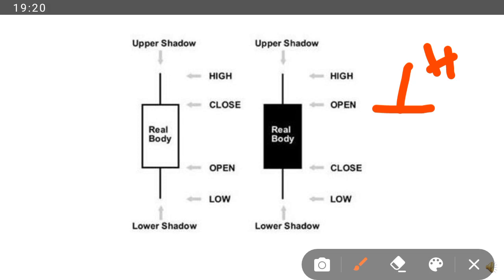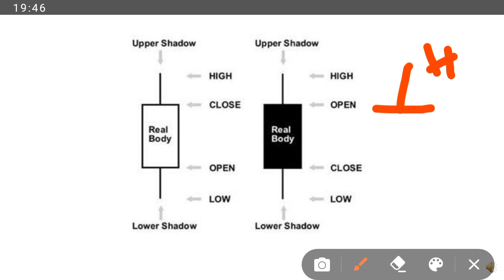So for a candlestick indicating the price is going down, the opening price will be up, while the closing price will be down. Why? Because it's going down. But for the one indicating that price is going up, the opening price will be down, while the closing price will be up. That's the logic.